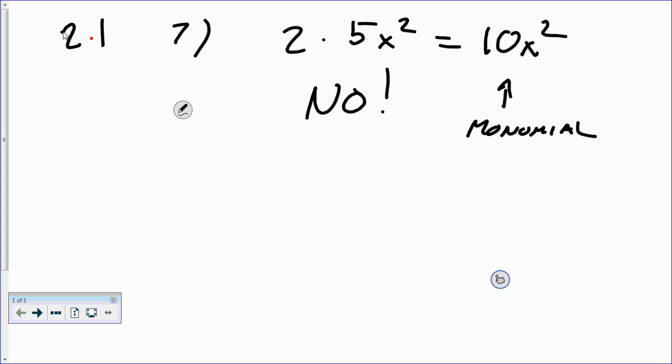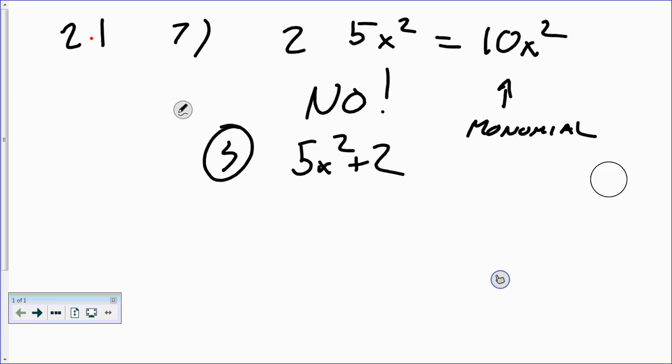So the correct answer is actually going to be 5x squared plus 2. That's a binomial, so number 3 is your answer. Just be careful: if you can simplify it, that's no good. Because we can multiply here, that one will be a monomial. So number 3 is a binomial.